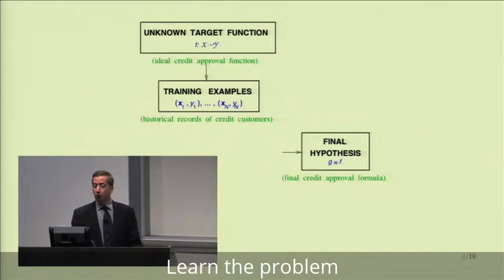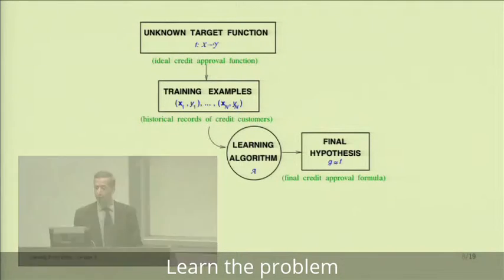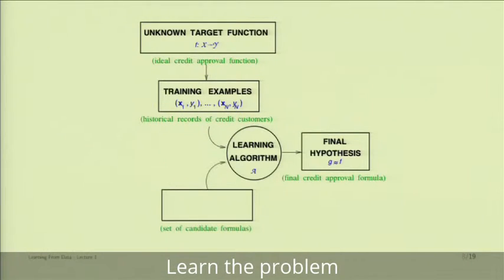Okay. Now, what connects those two guys? This will be the learning algorithm. So the learning algorithm takes the examples and will produce the final hypothesis, as we described in the example of the movie rating. Now, there is another component that goes into the learning algorithm. So what the learning algorithm does, it creates the formula from a preset model of formulas, a set of candidate formulas, if you will.